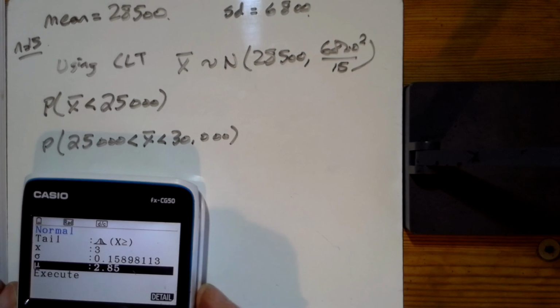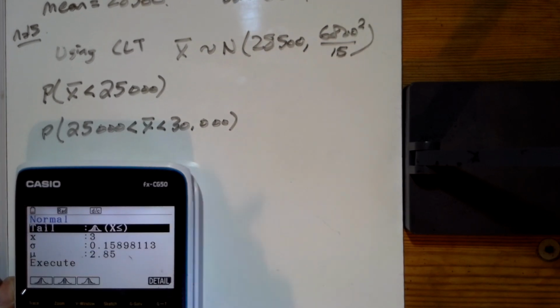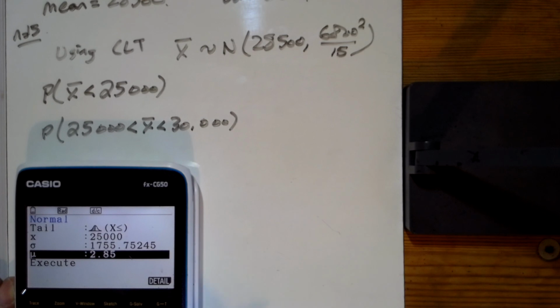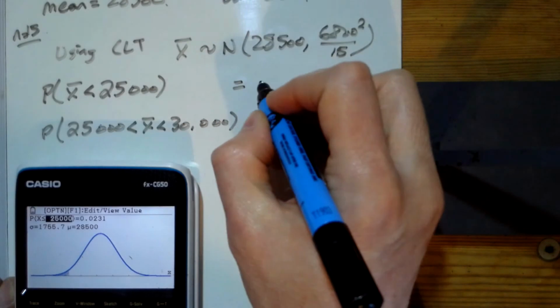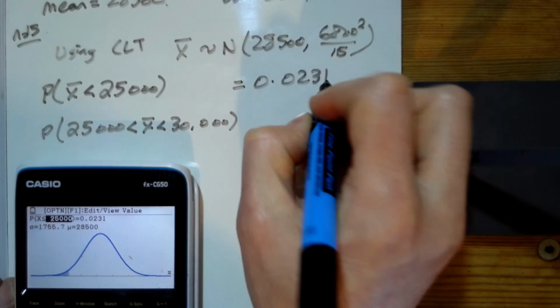So normal distribution, we first of all want a less than 25,000 when the standard deviation is 6,800 squared divided by 15, and the mean is actually 28,500. And so that one there is giving us 0.0231.